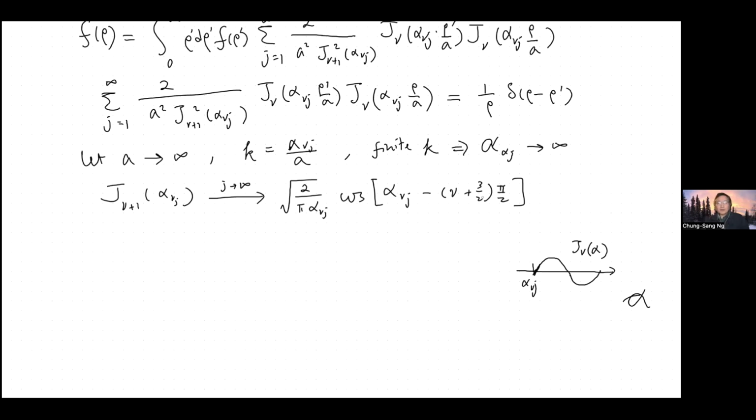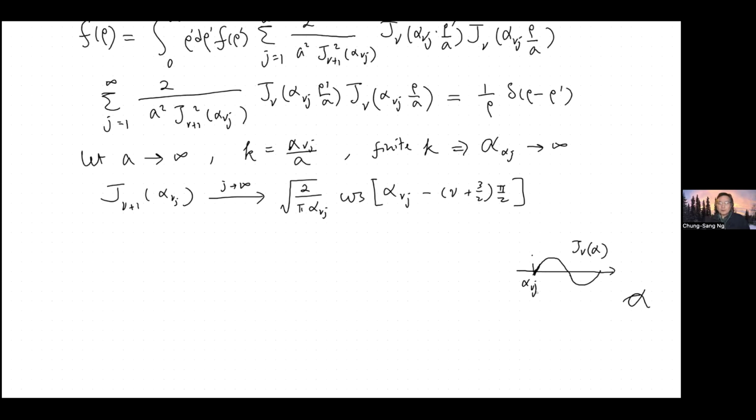Instead of 0 it will be minus pi over 2, and the cosine is shifted. So alpha minus pi over 2 is in here. I should actually draw it like here.